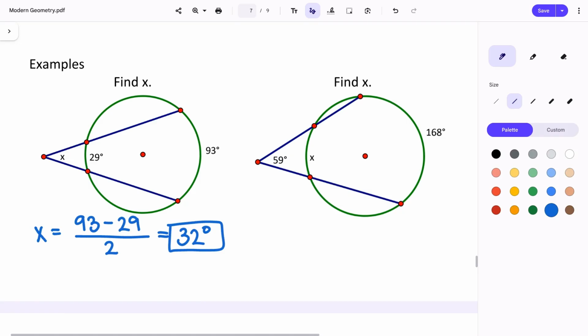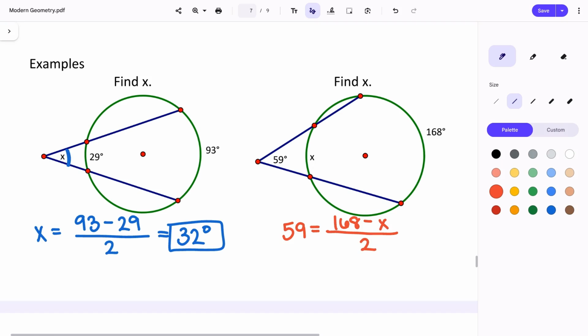When we put x that was out here, what are we going to put in that place over here on this one? Yeah, the 59. Good. What are the arcs that we're going to subtract? Yeah, 168 minus the x, and it's all over 2.